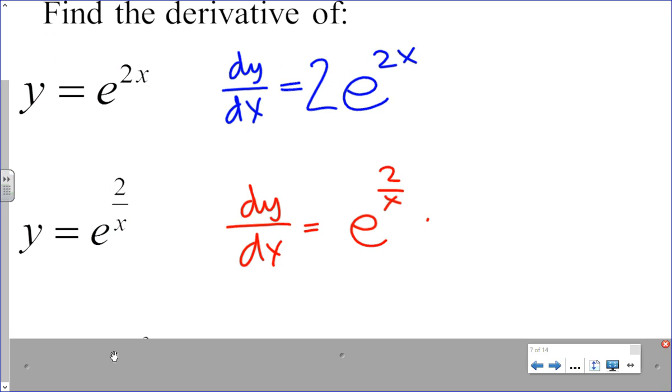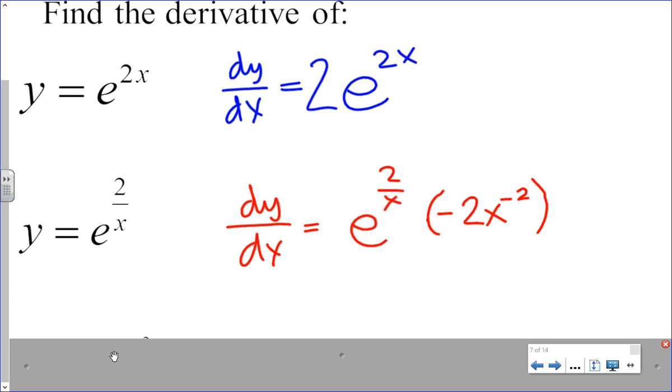Okay? So when we take its derivative, if this is the same thing as 2x to the negative 1, then we're going to have negative 2x to the negative 2. You can leave it or rewrite it, but I would be in the habit of putting that chain rule in parentheses.